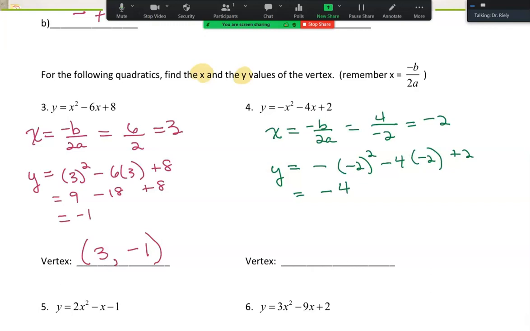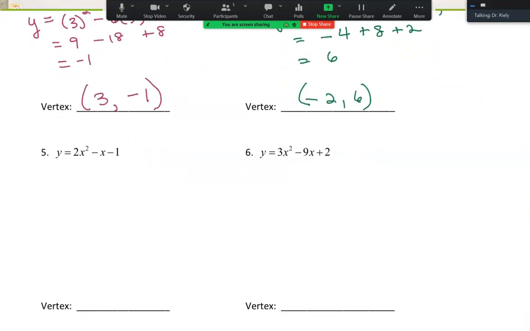Negative 4 times negative 2 gives me a positive 8, and then plus 2 more. Negative 4 and an 8 is a positive 4, plus 2 is a 6. So now I have negative 2, comma 6 for the x and y of my vertex.